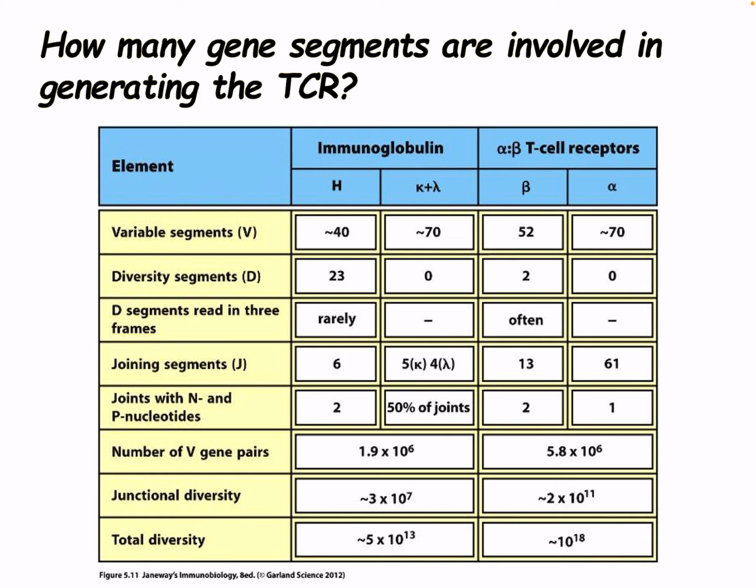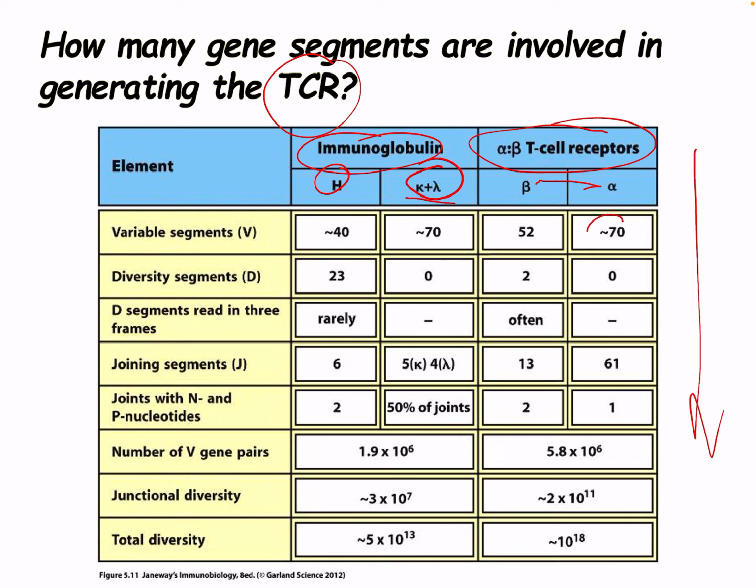So how many gene segments are involved in generating the T cell receptor? Here we saw a similar figure for B cells. You can see here we have our immunoglobulin, our B cells, and our alpha beta T cell receptors. Remember, we talked about our kappa and lambda. So these are combining both options in our heavy chains. We can see here that we only used kappa and beta and alpha, sorry.